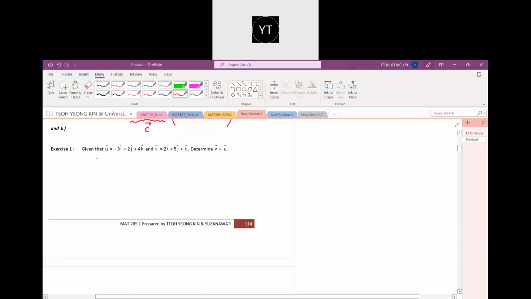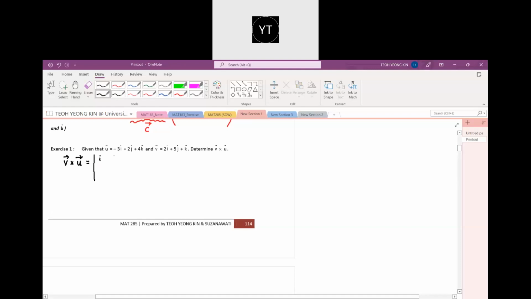Just like I said before, in order to find the cross product of vector v and vector u, we try to find the determinants.